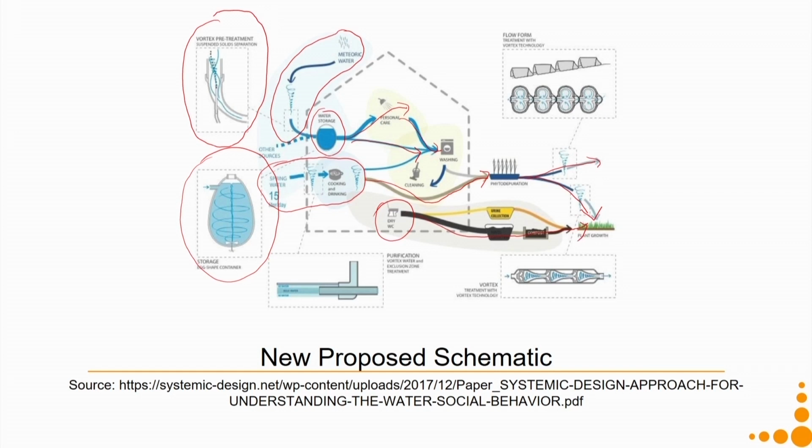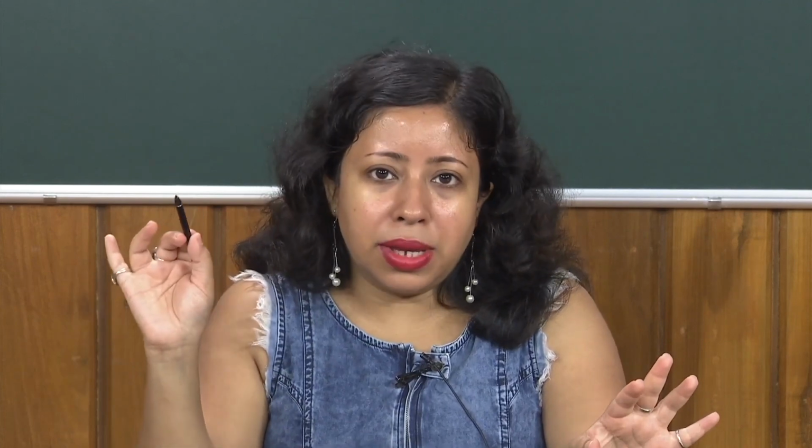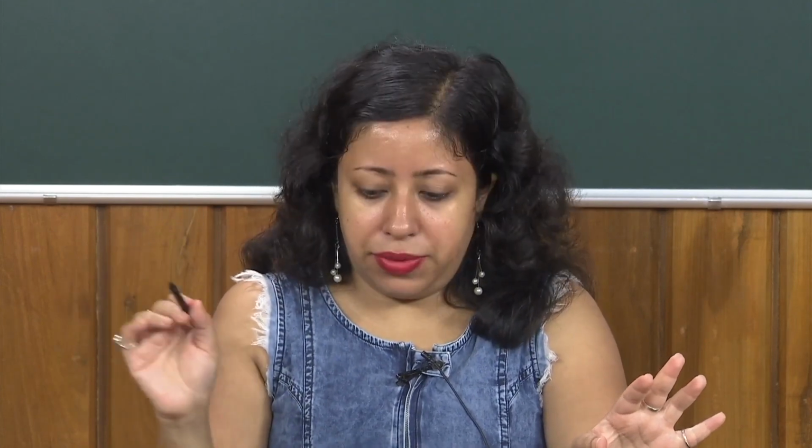So, they proposed a new schematic which uses different sources of water as well as different purification systems, and the waste water from one particular process can be used in another process, or the waste from one particular process can be purified using certain process to a certain degree to be used in another process which does not require drinking water level purification.